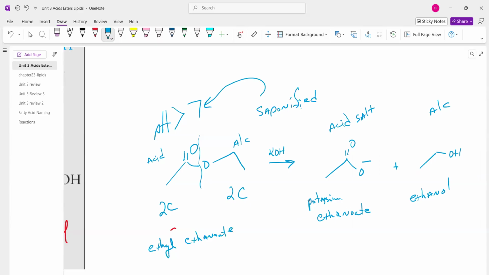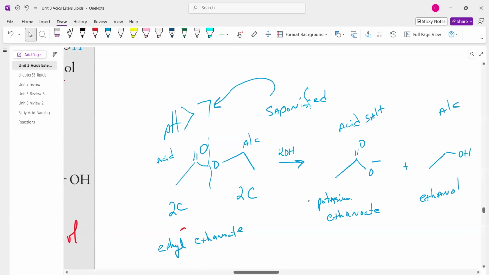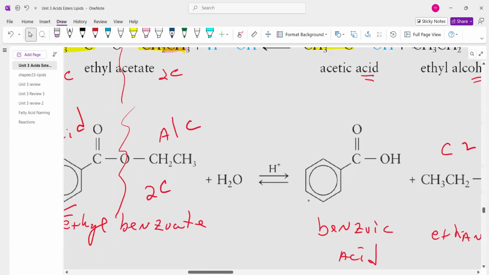It's going to be saponified to the acid salt plus the alcohol. In this case, it's going to be potassium ethanoate and ethanol. Okay, and this requires practice.